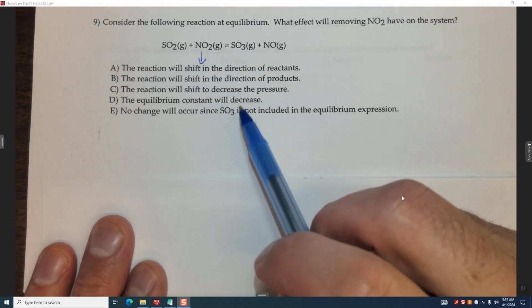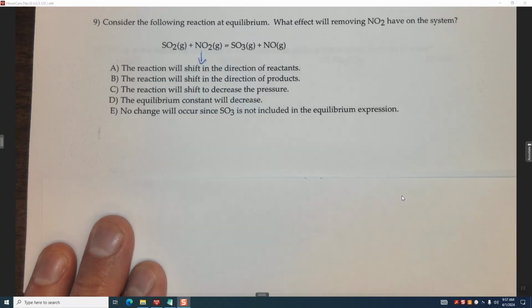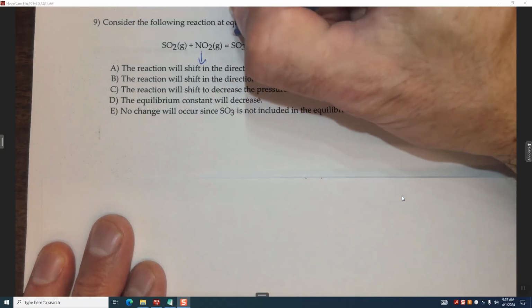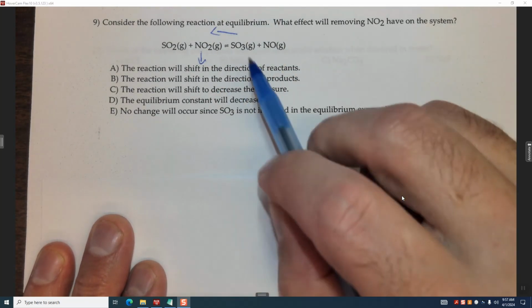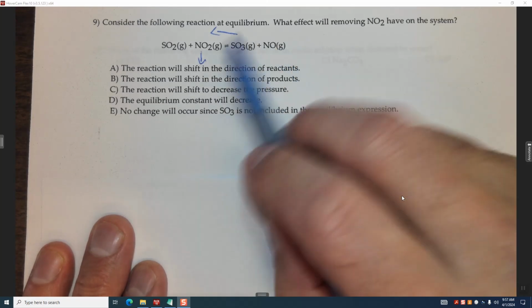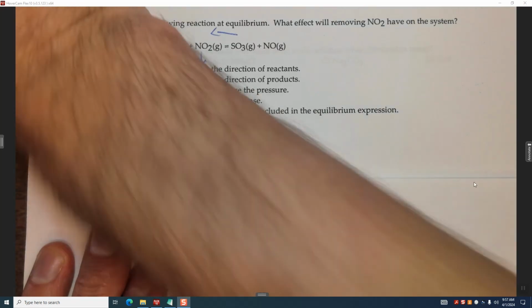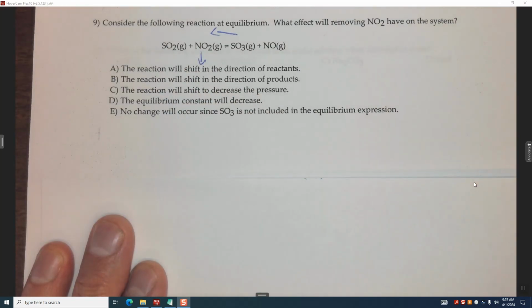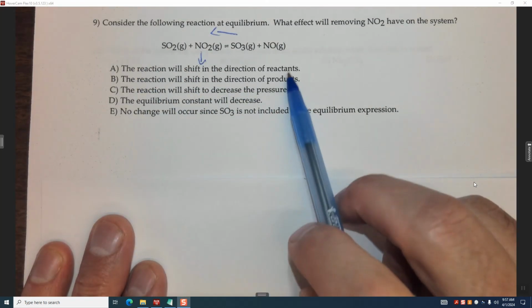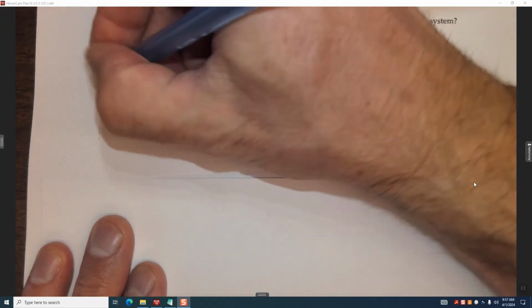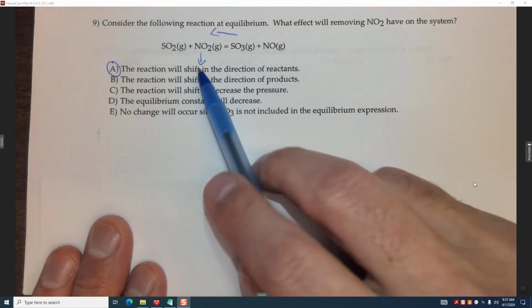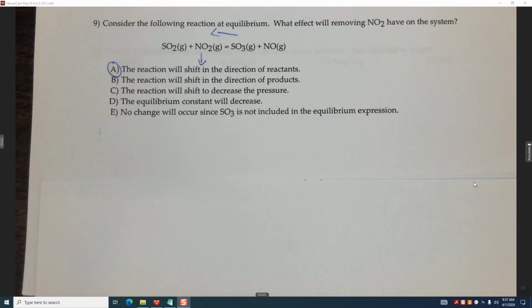Well, what's the only way the reaction can make more NO2 to compensate for the NO2 that is gone? It is to shift to the left, because it knows that if it reacts SO3 with NO, it can make more NO2 to replace what has been taken out. So in this case, the reaction will shift in the direction of the reactants, which is to the left, because it wants to make NO2 when the concentration of NO2 is artificially decreased.